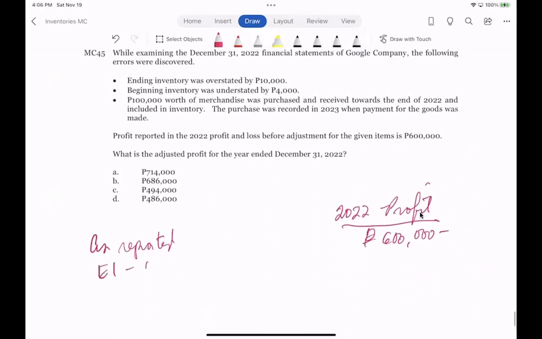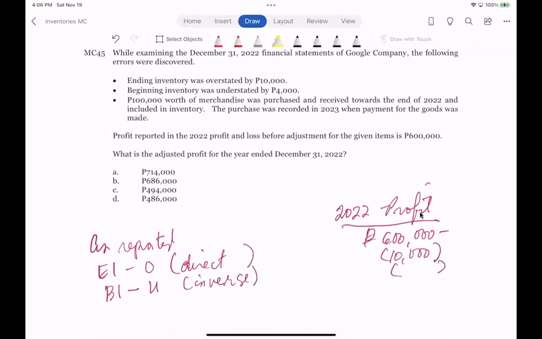It has a direct effect on profit. Therefore, profit is also overstated. Beginning inventory was understated, so it's inverse. If beginning is understated, profit is overstated. So we have to deduct 4,000.